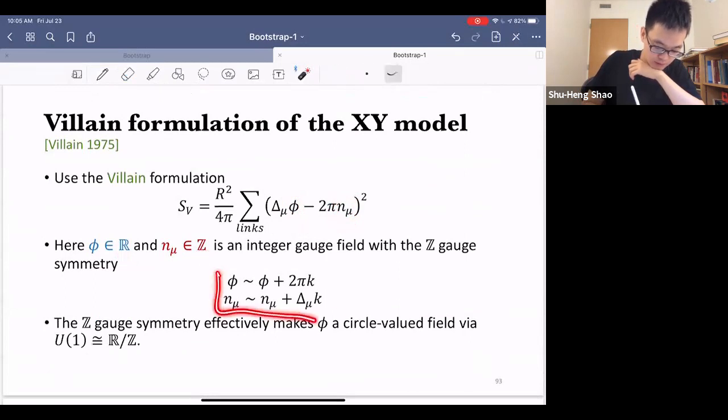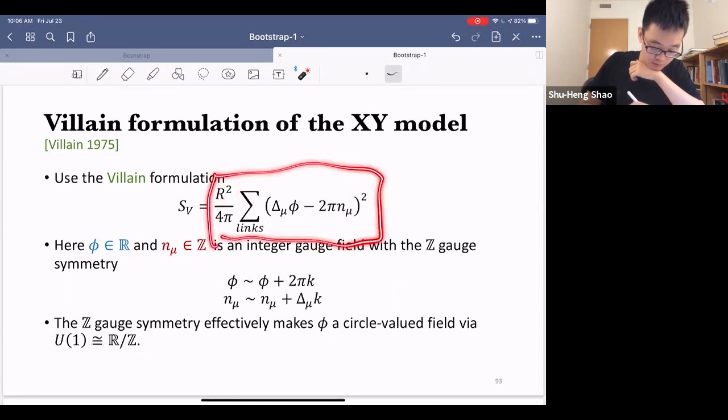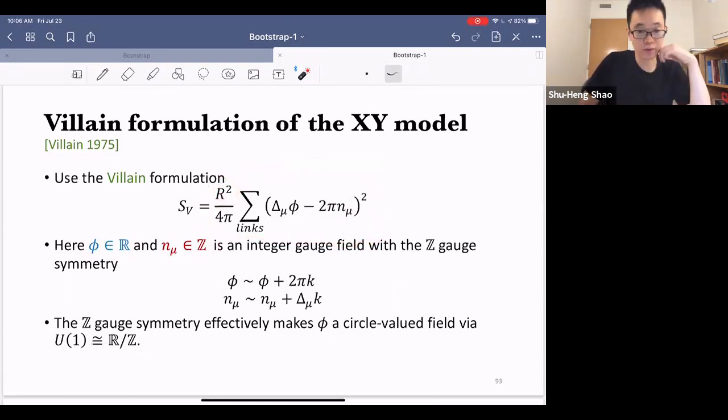Together there's an integer gauge transformation with an integer gauge parameter k. And Villain showed that when the radius is large, this is in the same phase as the original XY model. So intuitively, all we have done is to replace U1 by R mod Z, where R is the phi here, and Z is the integer gauge field.